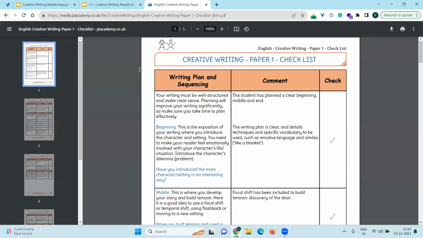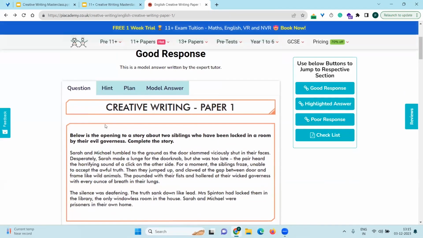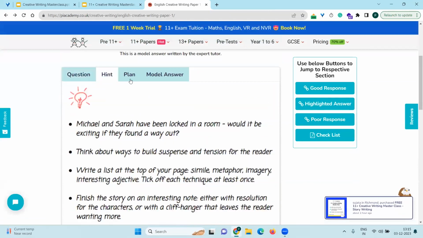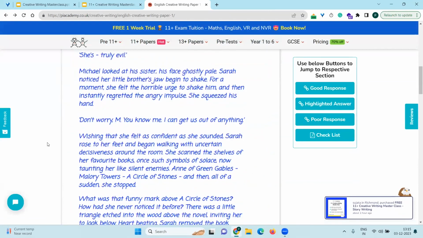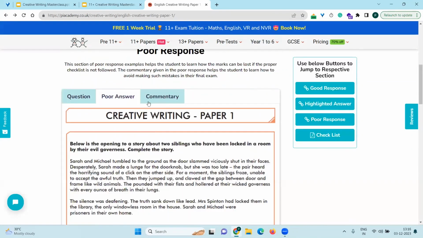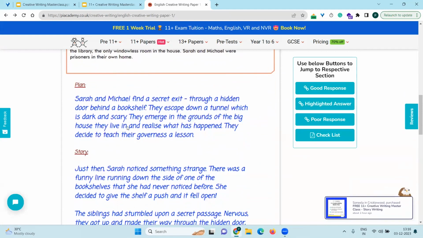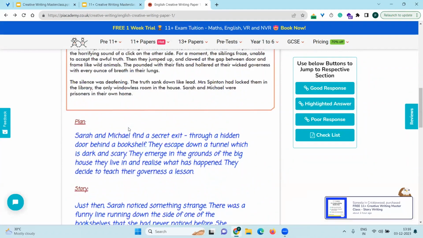As you can see, we have a creative writing checklist for every paper. For all questions, we have a hint, a detailed plan, and a model answer. We also show students what they're not supposed to do, so they can look at a poor answer and make sure they don't write along these lines.